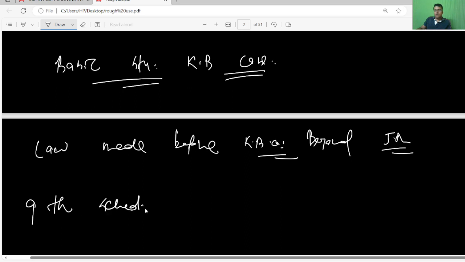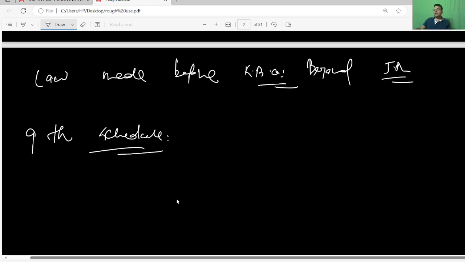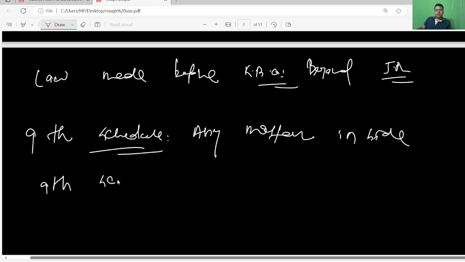The Ninth Schedule is that the government came out with it by saying that any matter inside the Ninth Schedule is beyond the concept of judicial review.